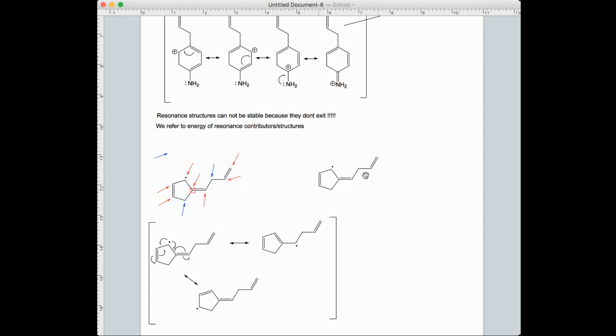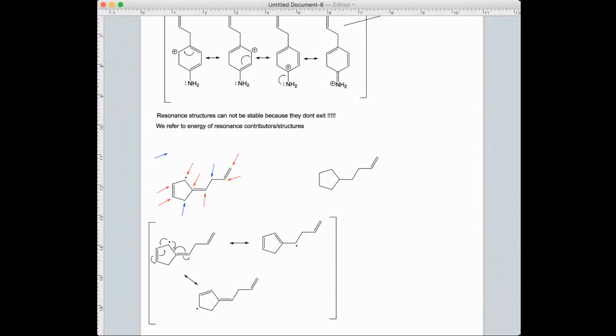Again, I don't have the capability of drawing the partial charges over here, but I can show it. So once again, a radical is electron deficient, meaning that the carbon bearing the radical has 7 electrons in the valence shell.